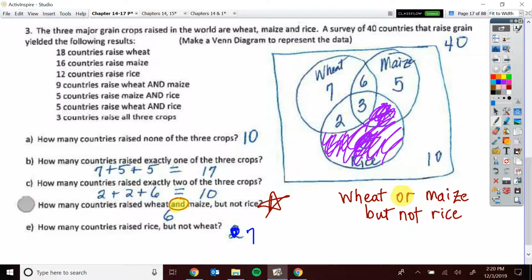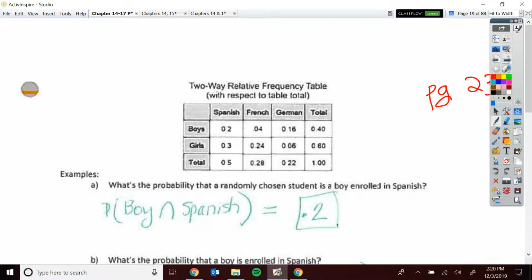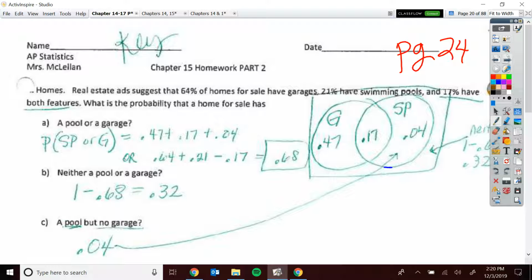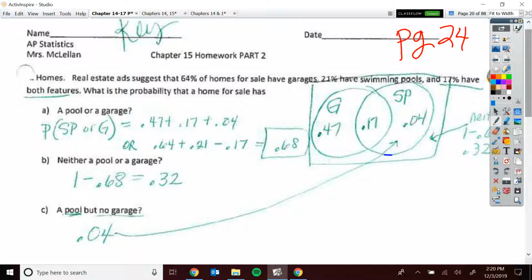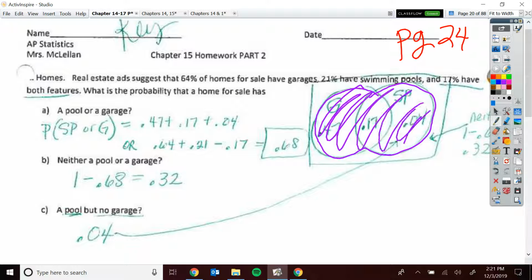So let's move on then to the next assignment you did, which started at page 24. And so we'll just double check some of these with you, and then we'll talk about a few of them. So here we go. Page 24, here was your Venn diagram you should have drawn if you did that technique. That was point 68 is a pool or garage, because remember, or means this or that or both, or is all of it.